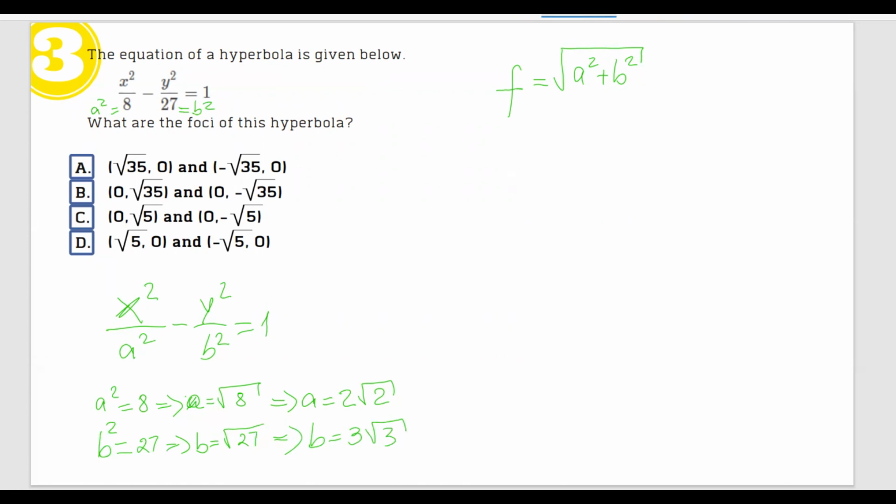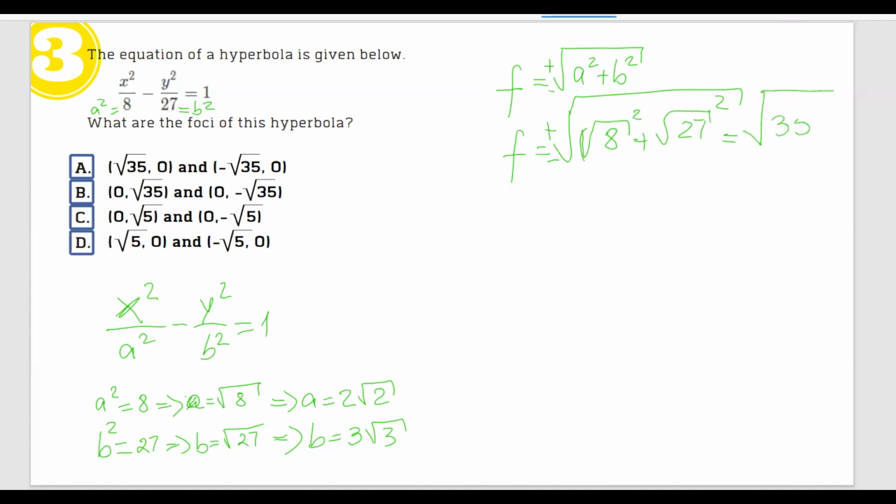Looking at the answers, I think we're going to work with these values over here. So now, knowing a and b, we can calculate the foci, all the focal points. The focal points can be plus minus the square root of 8 squared plus the square root of 27 squared, which equals the square root of 35.